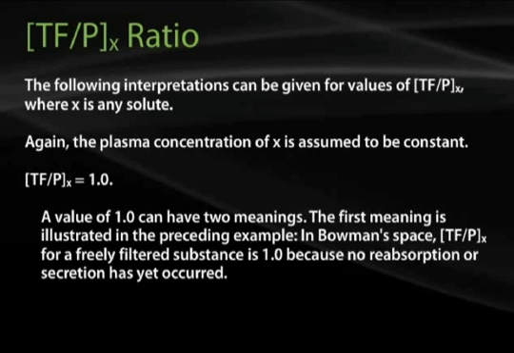Again, the plasma concentration of X is assumed to be constant. If the tubular fluid to plasma concentration ratio of substance X is equal to 1, it can have two meanings. The first meaning is illustrated in the preceding example. In Bowman space, the tubular fluid to plasma concentration of X for a freely filtered substance is 1 because no reabsorption or secretion has yet occurred.